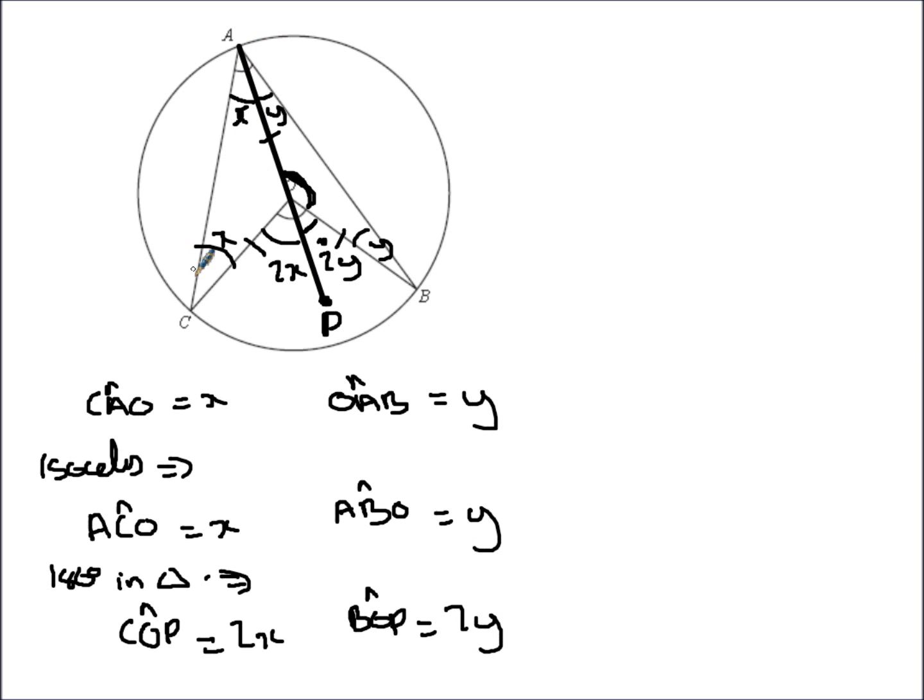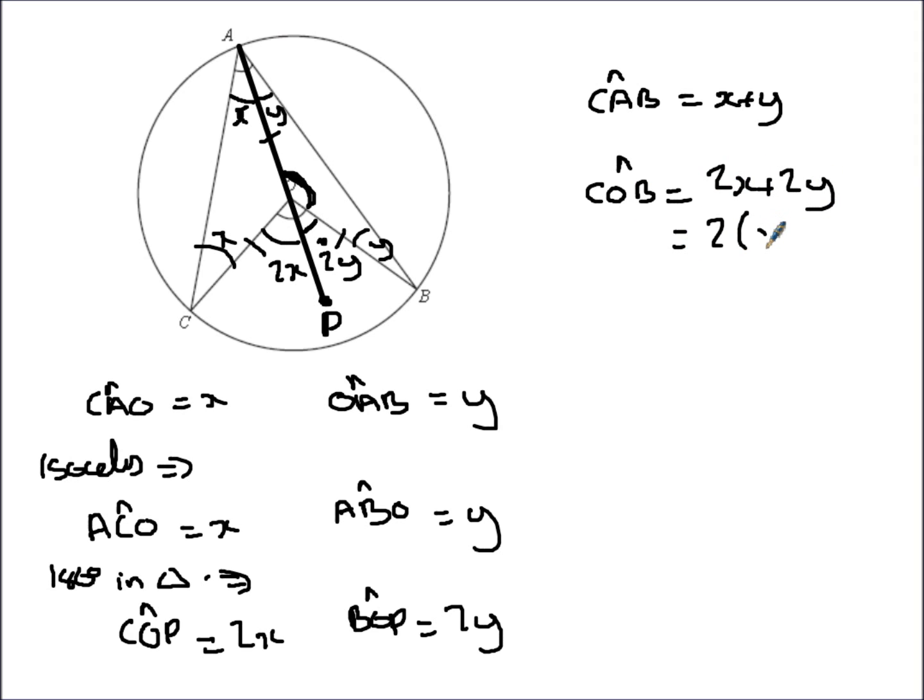So our angle CAB is equal to x plus y, and our angle COB is equal to 2x plus 2y. If you take a 2 out, that's actually proving that it's always going to be twice as big.